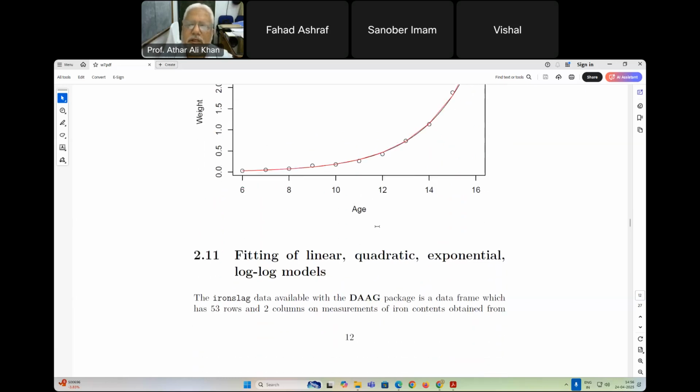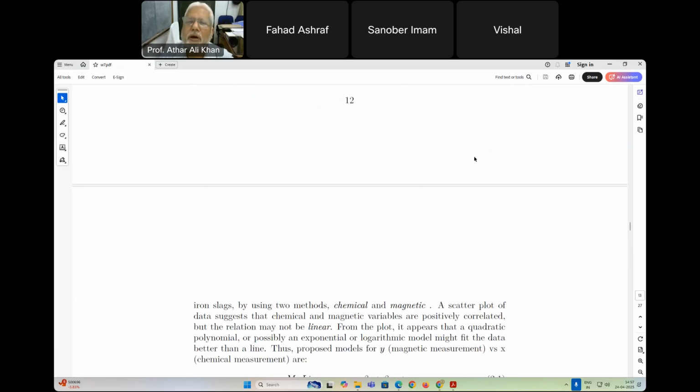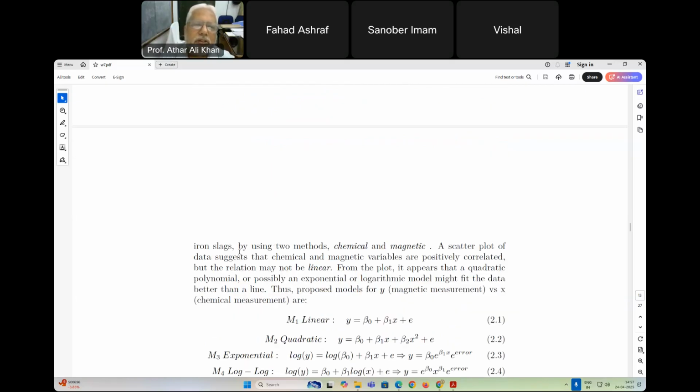Fitting of linear, quadratic, and exponential log-log models. This ironslag data, available with the DAAG package, is a data frame which has 53 rows and 2 columns of measurements of iron content obtained from iron slag by using two methods, chemical or magnetic.